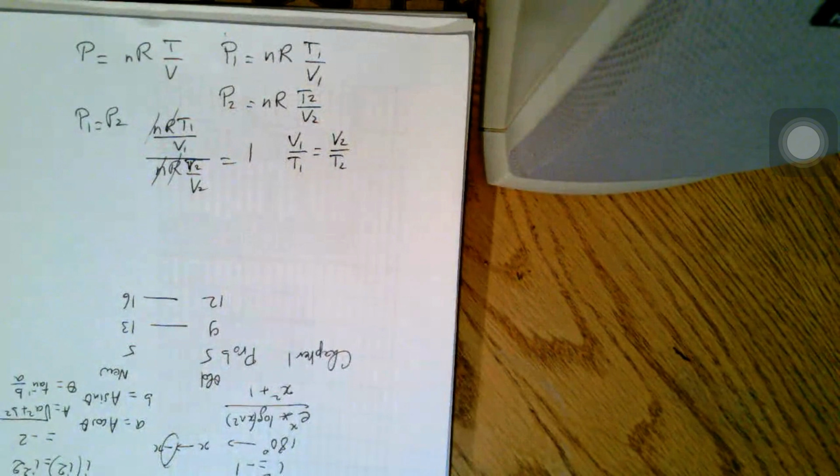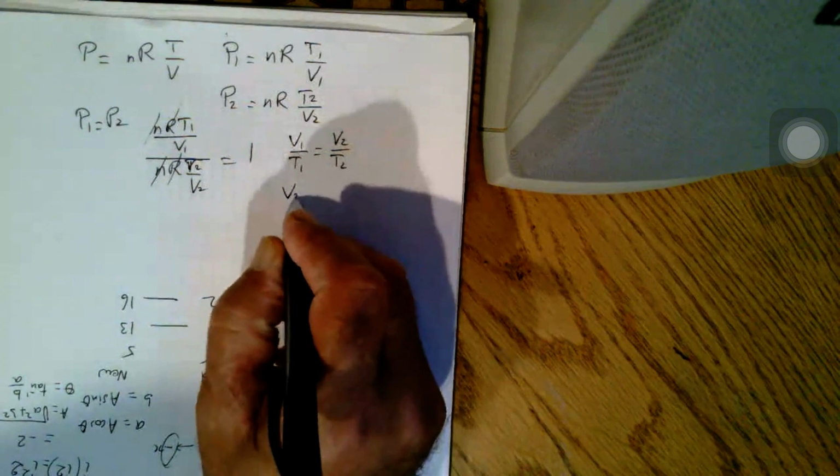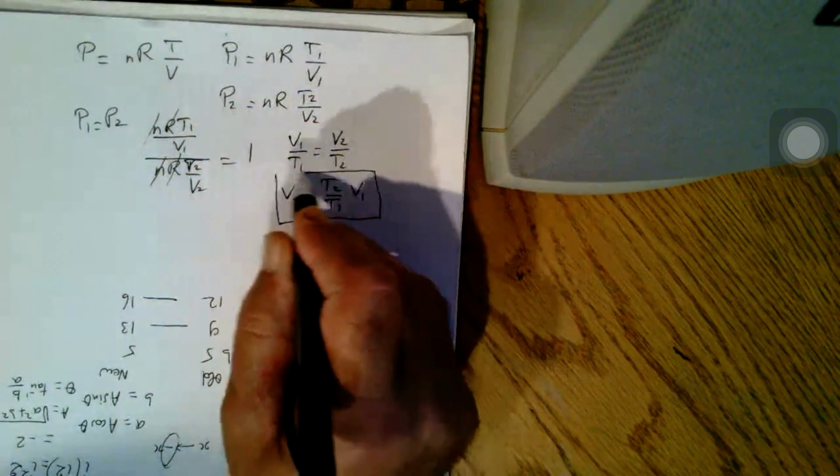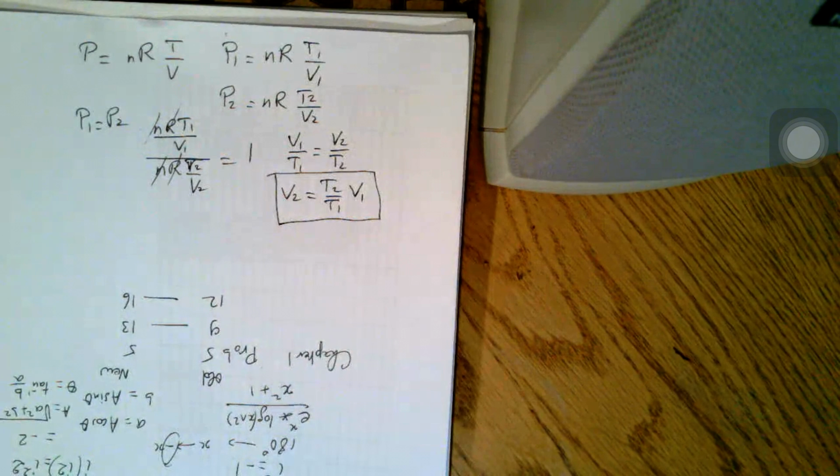And so now the question is, they said, find the volume for the second temperature. So let's say volume 2, therefore, is equal to T2 over T1 times V1. If I do a little manipulation like this, then MATLAB doesn't have to do anything else.